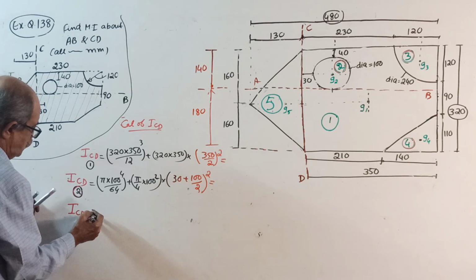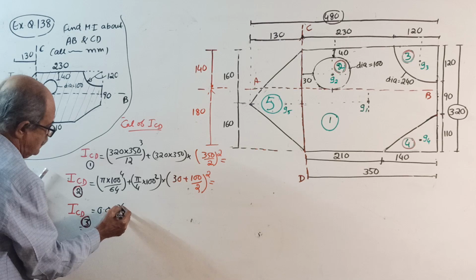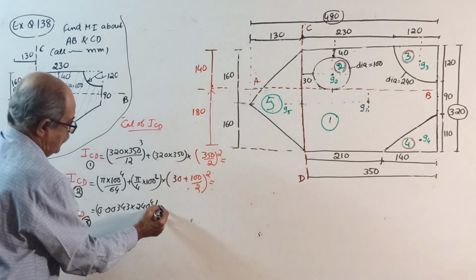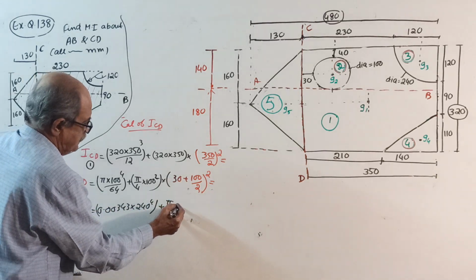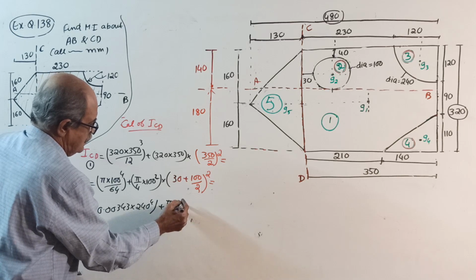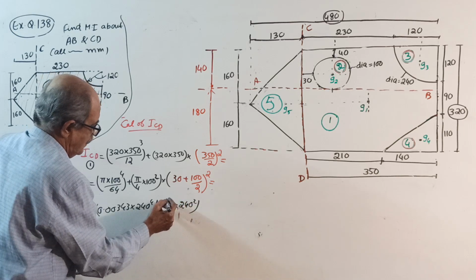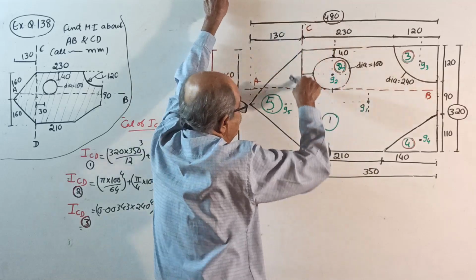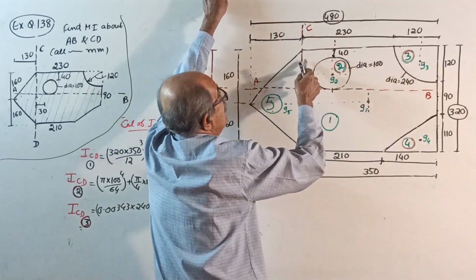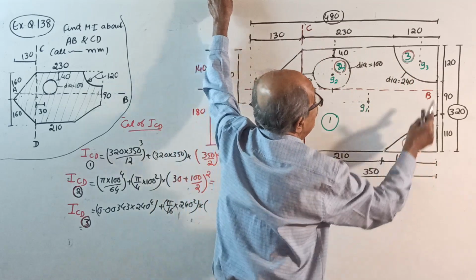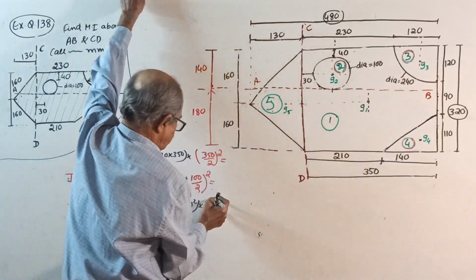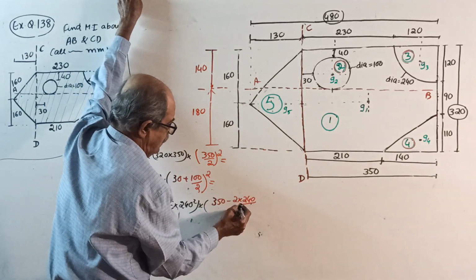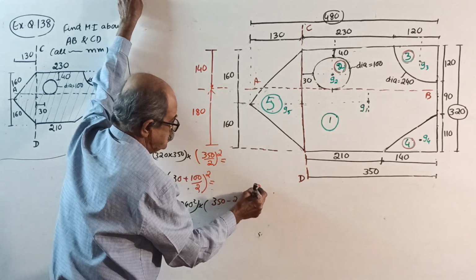Equal to 0.00343 into diameter power 4 is Ig, plus area, pi by 16 into diameter square is the area, into the distance from centroid to CD squared, which is 350 minus 2d by 3 pi, 350 minus 2 into diameter 240 divided by 3 pi whole square.